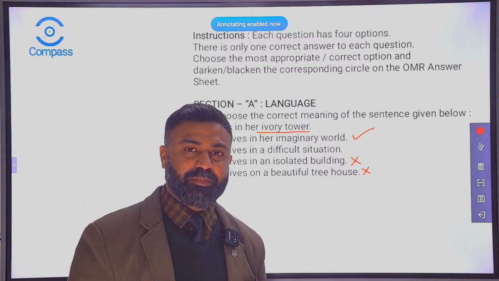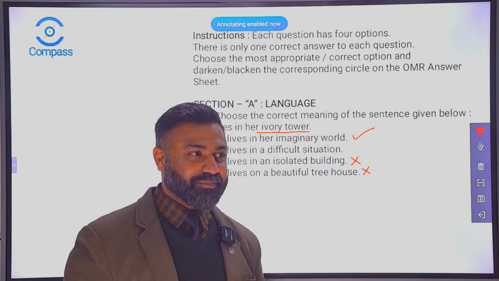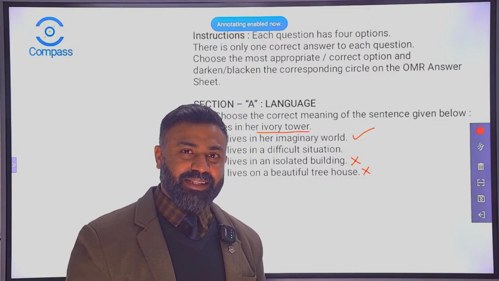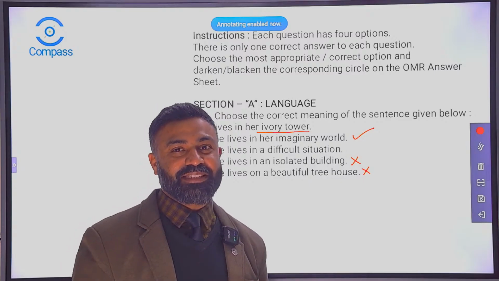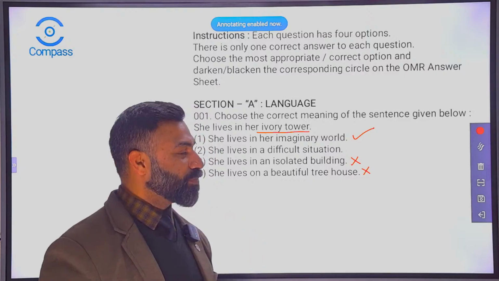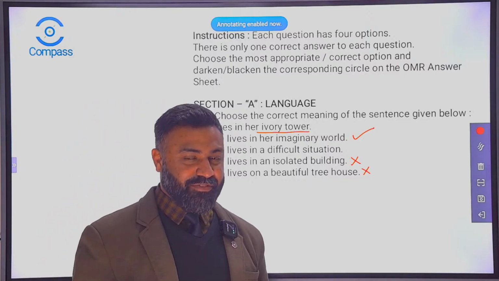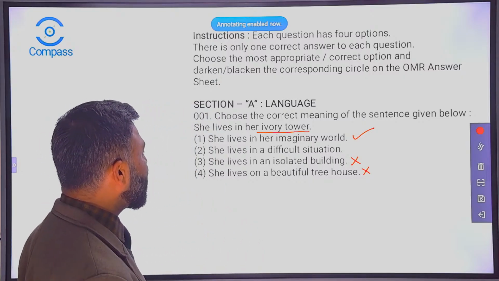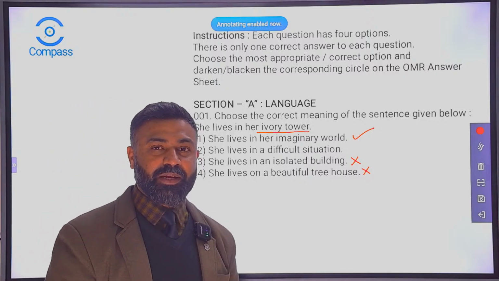There are so many people who have their own imaginary world, where they think they are doing everything, and the center of attraction is them only. So there are people who live in their ivory tower, and here we have this girl. She lives in her ivory tower, which means she lives in an imaginary world.